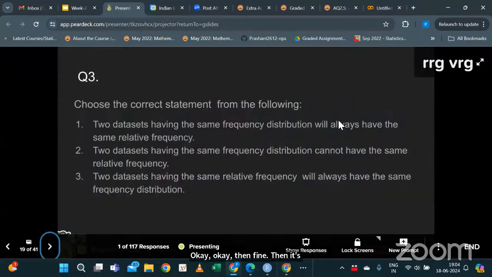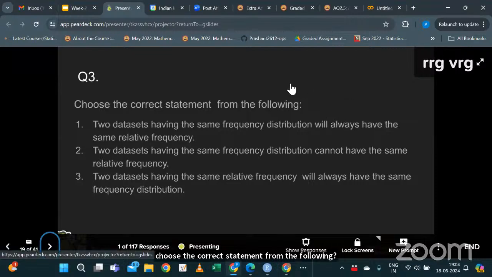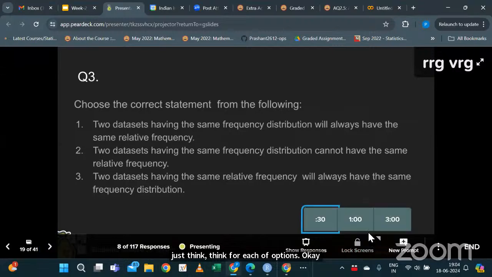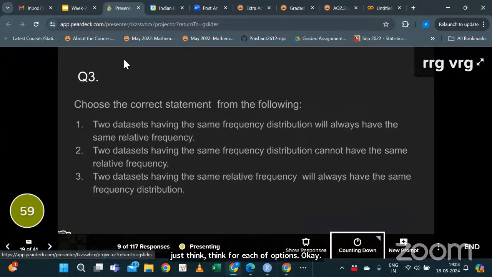So here you have to choose the correct statement from the following. Read the statement carefully and, based on the previous information, try to answer this and think about each option. I'm going to give you 1 minute. If you need more, just let me know and I will extend the time.